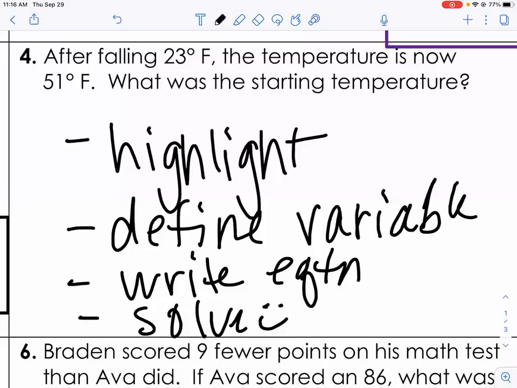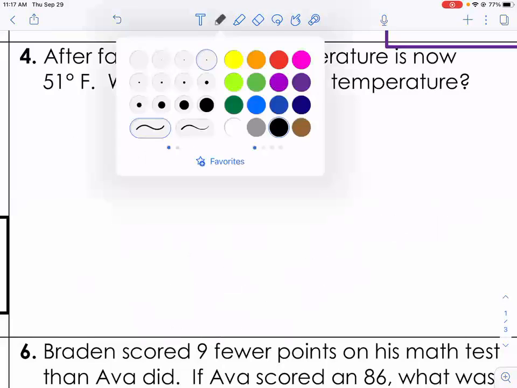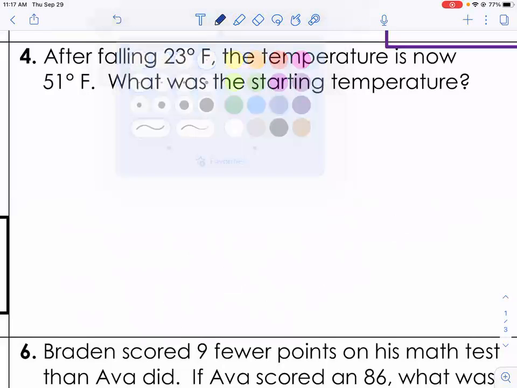Okay, let's chat about this one. Falling 23, the temperature is now 51, okay? Cordell, what variable did you use? Like what letter? F?